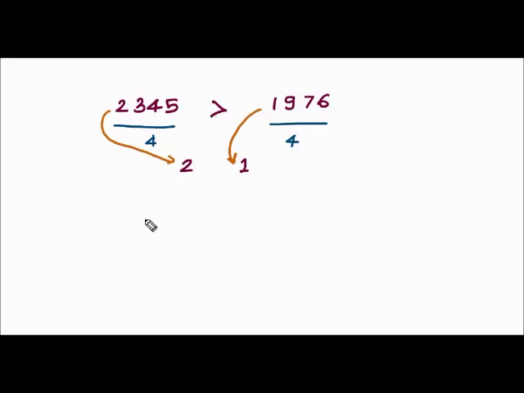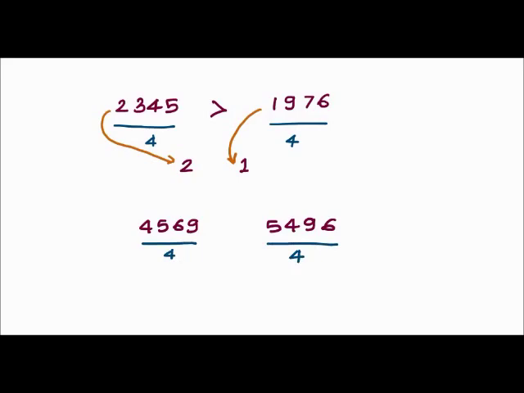Let's take one more example. I have 4569 and 5496. First rule is about the number of digits. The number of digits here is 4, and the number of digits here is 4. So we will not use rule 1.